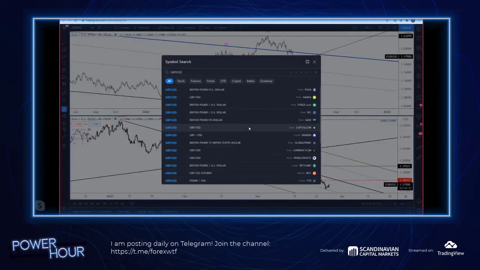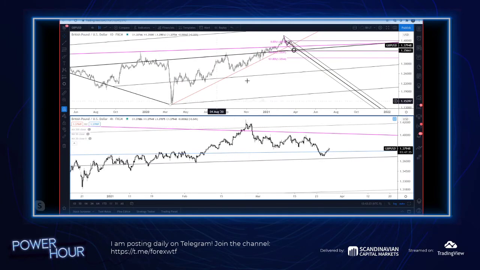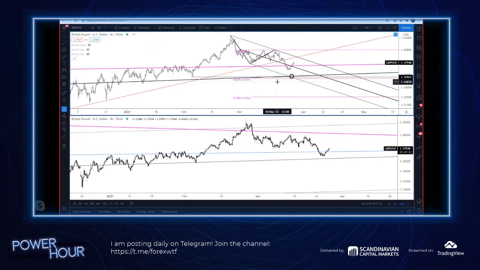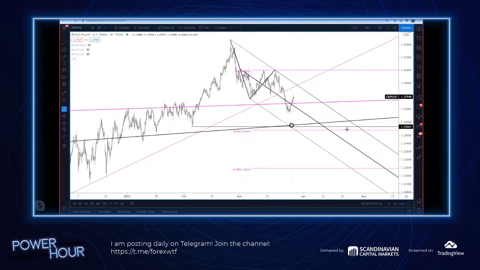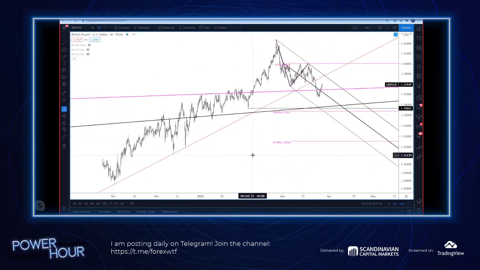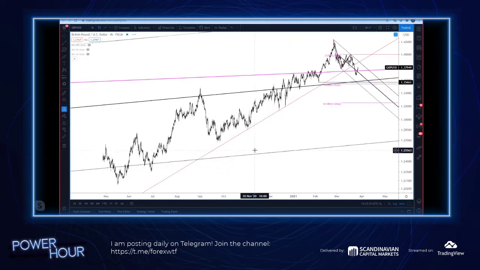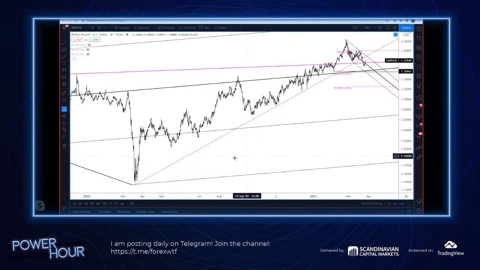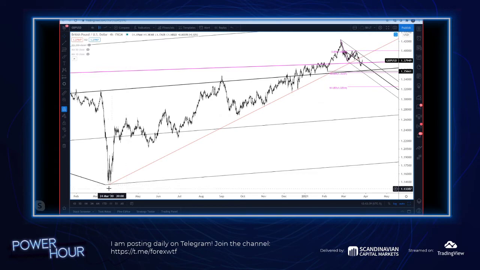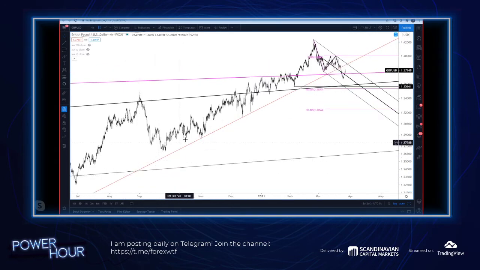Okay, let's go to cable. All right. Pretty simple here for cable. Trend line from March of last year, right?